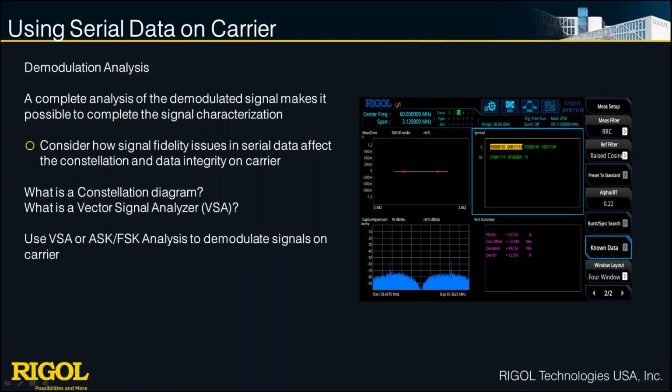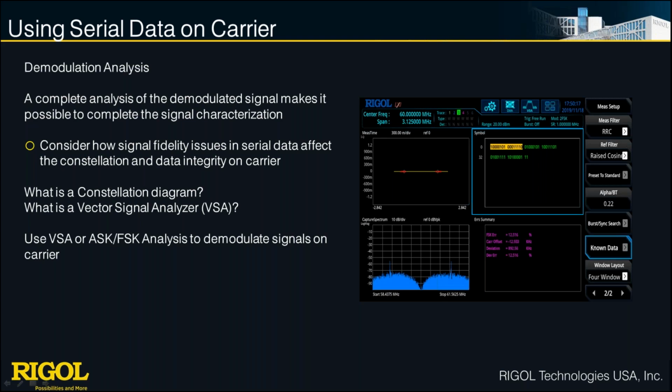The constellation diagram is the upper left part of this real-time spectrum analyzer display. Again, it just has the two FSK points because we're in a 2FSK mode. We're looking at the two different bit patterns. You can see the red points huddled around the left and the right modulation points.